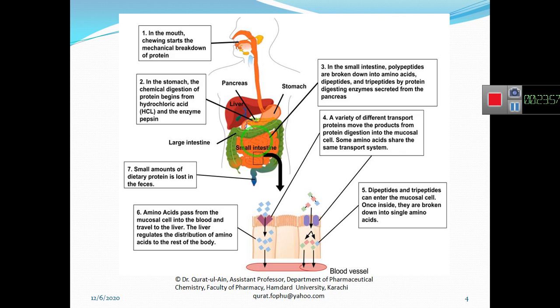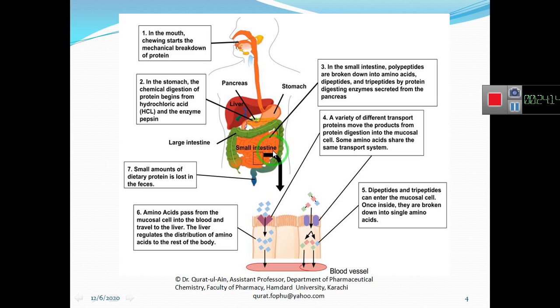These enzymes convert the little amino acid chains into separated amino acids.